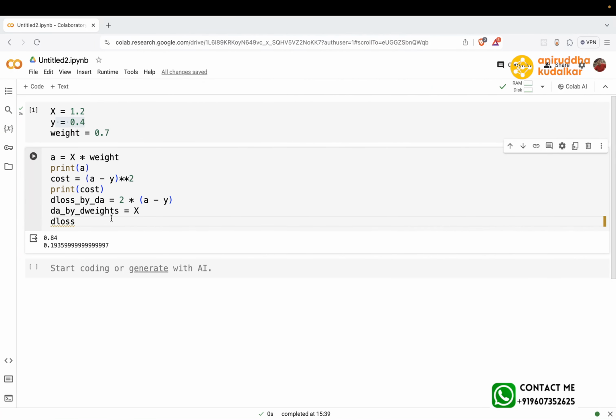Let's make it singular: d loss by d weight is equal to dA by d weight into d loss by dA. Can you see?